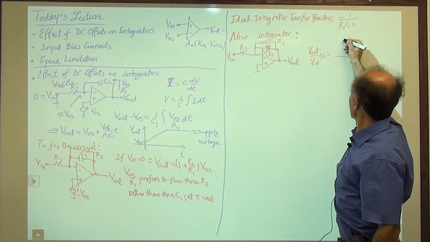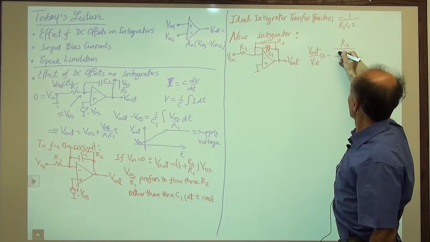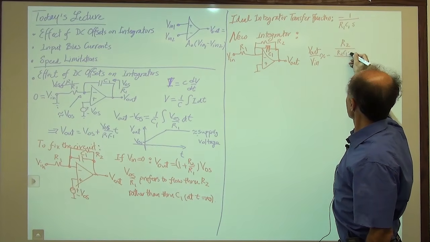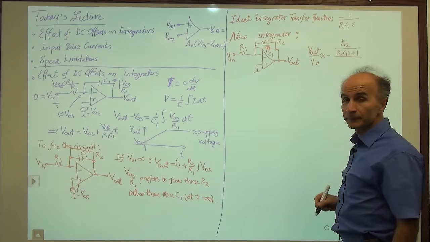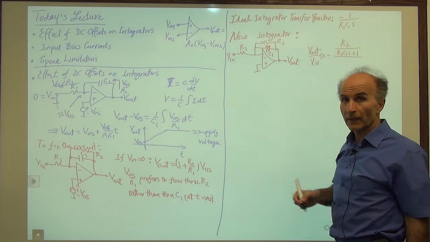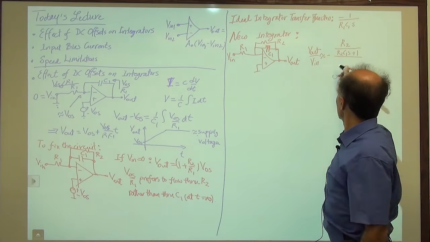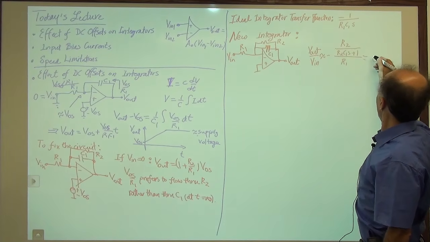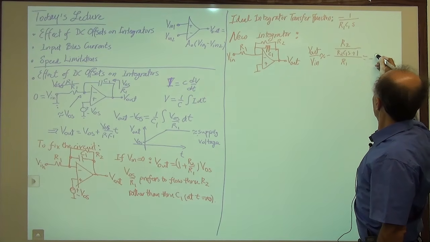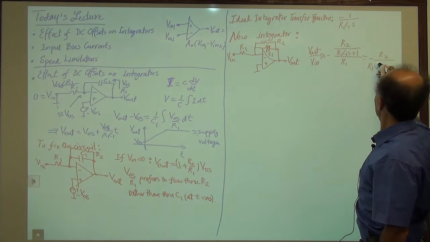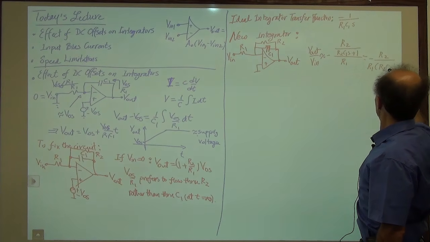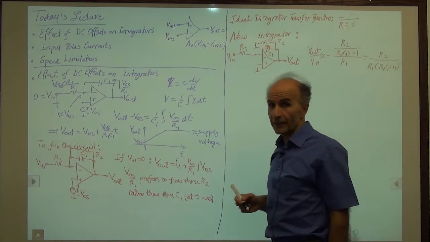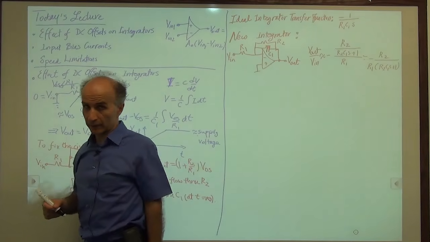And that's just this, R2 over R2 C1 S plus 1, and then divided by Z1, which is R1. And this gives us minus R2 over R1 times R2 C1 S plus 1. So that is the transfer function of the new circuit.